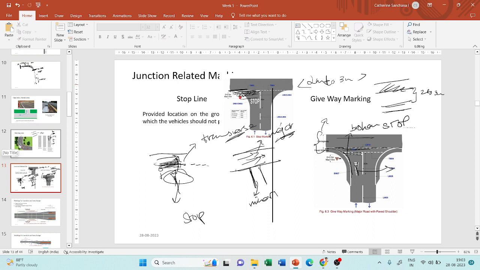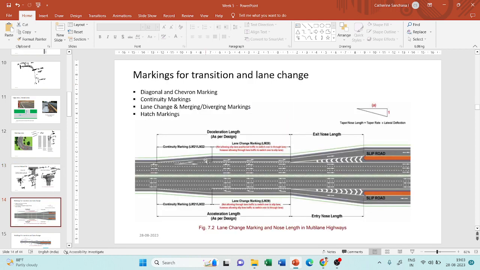Now, moving on to the next part. So, these are nothing but markings for transition and lane change. I told you, you will come across markings like this also, right?